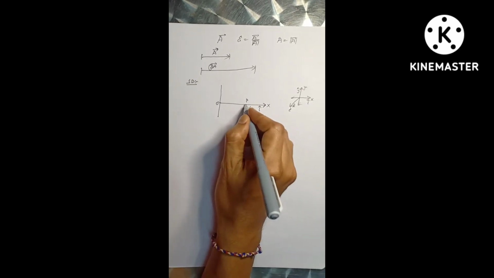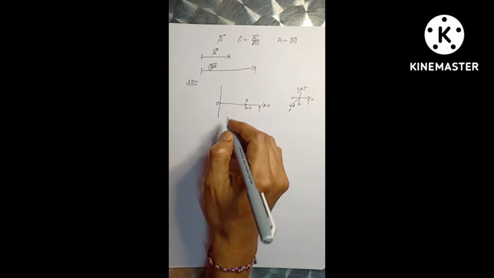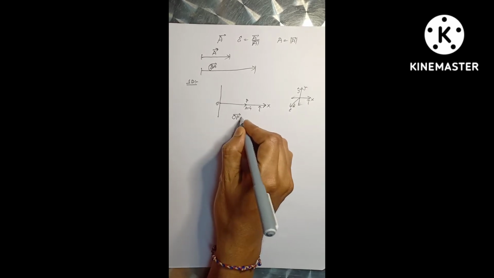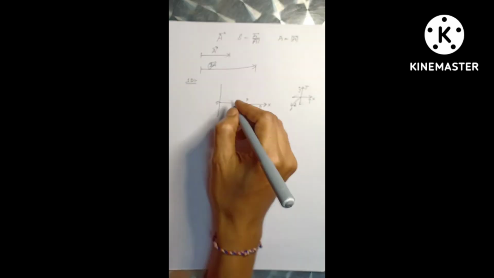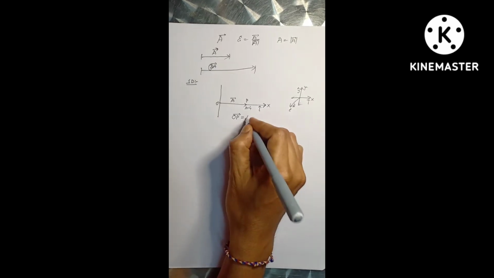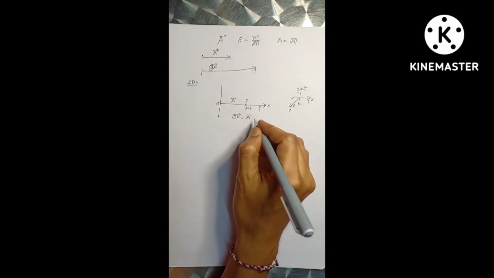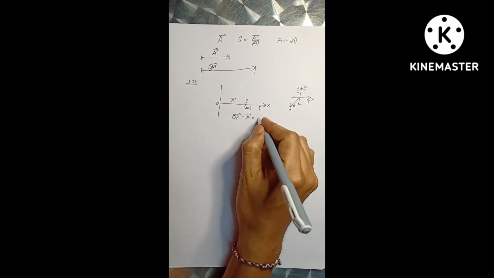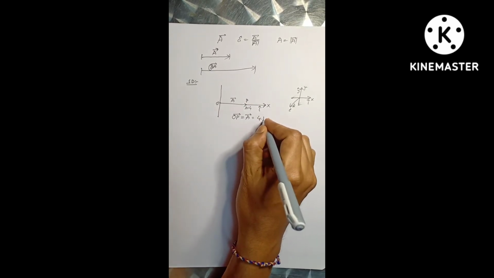So the vector from O to P can be represented by the OP vector. Let us also consider this as the A vector. The magnitude of OP is 4, and then 4 into the direction of unit vector i cap.